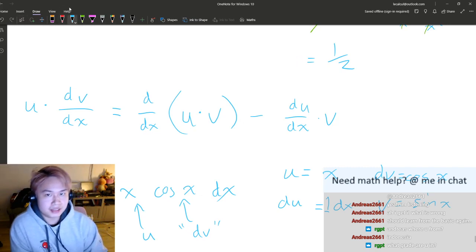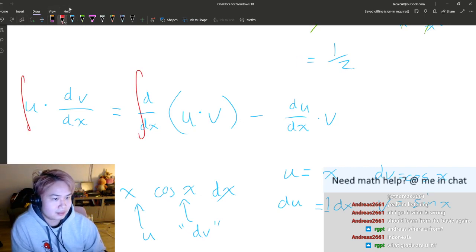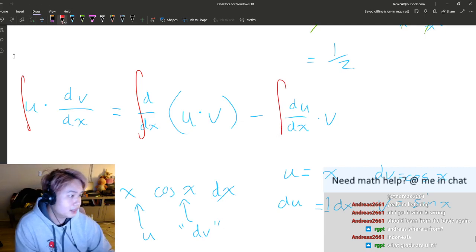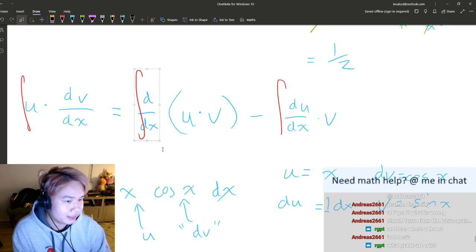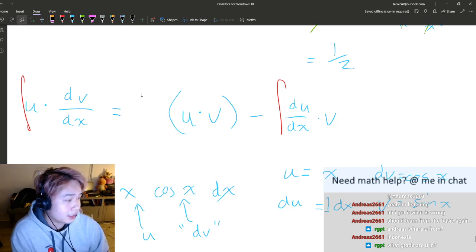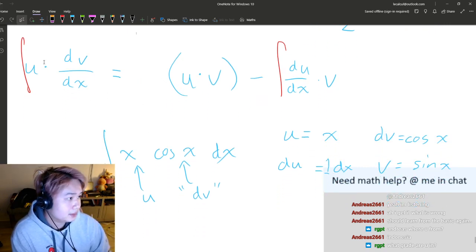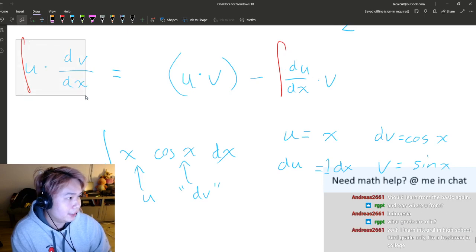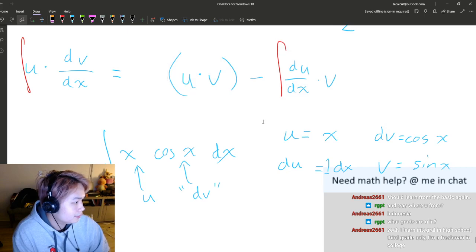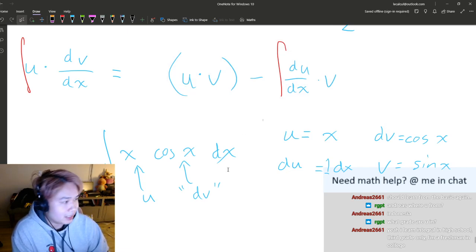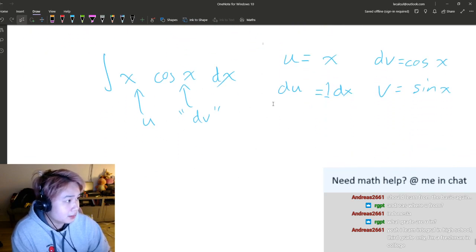Of course, we're also doing the integral, so when you integrate this, you're integrating each term, and then because you're taking an integral and then a derivative, these kind of cancel out. So we find this by changing it into this form. But yeah, that's integration by parts.